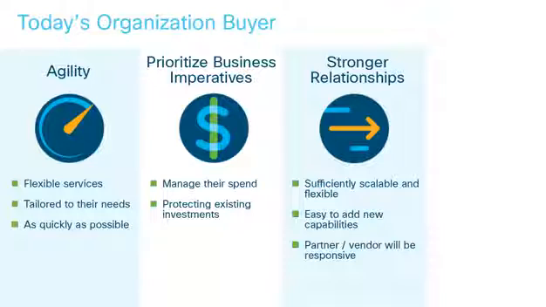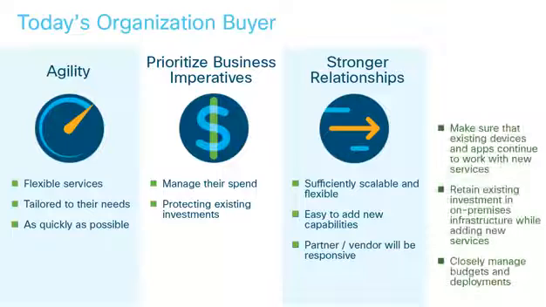The buyer needs to closely manage investment while ensuring that existing investments are not wasted, to avoid a rip and replace approach. In summary, make sure that existing devices and apps continue to work with new services, and vice versa. Retain existing investment in on-premises infrastructure while adding new services, which may be cloud-based, and closely manage budgets and deployments.